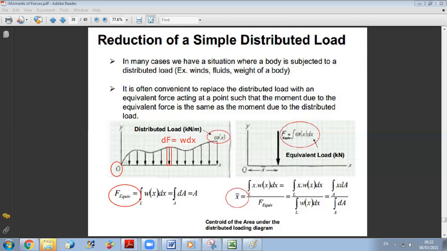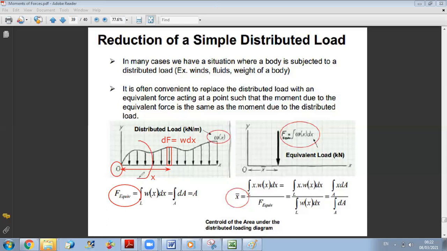What is the distance between the force and O? The distance is x. Okay. So I should multiply by x. Now, is it a positive or negative moment? I can choose a positive direction.